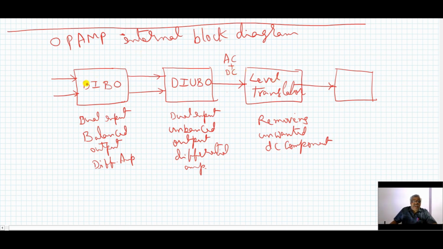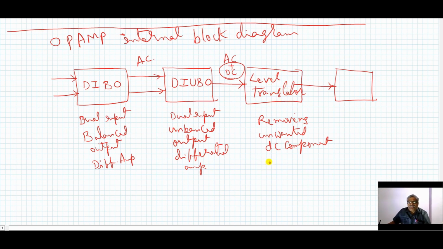Because at the output of dual input balanced output, we have only AC component. The difference is amplified, whether it is AC or DC. Both collectors are at the same DC potential, so it is called a balanced output, as we have seen earlier. So at the output of this unbalanced output configuration, we have some DC bias component. Thus, that component is nullified by using this level translator.